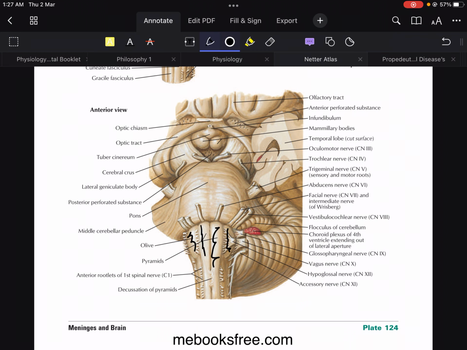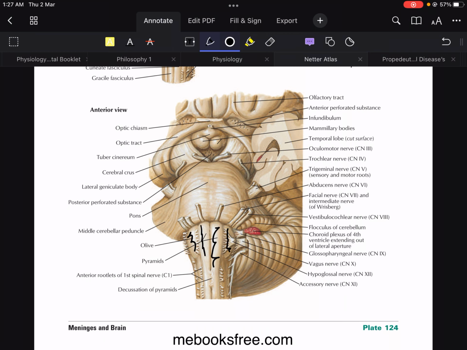It's very important that you know about the nerves that exit from different parts of our brain. What is a cranial nerve? We have 12 pairs of cranial nerves, located in different parts of our brain.